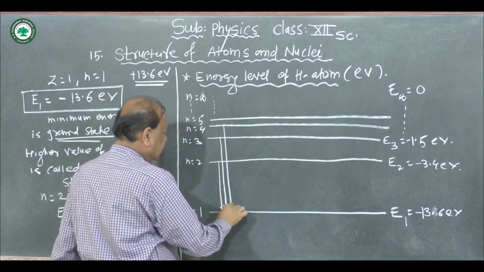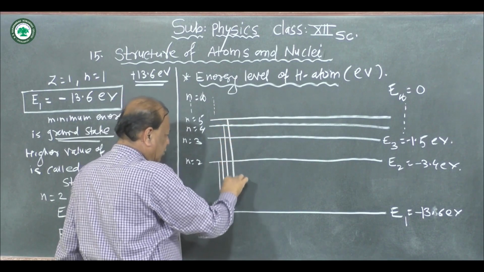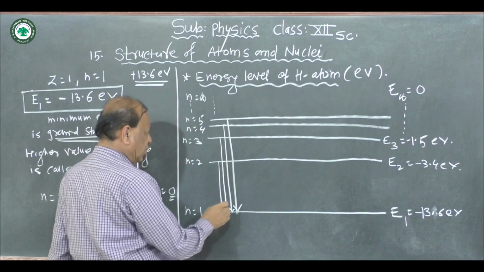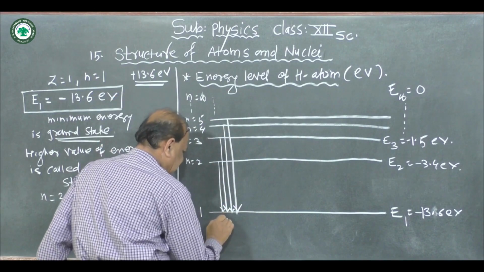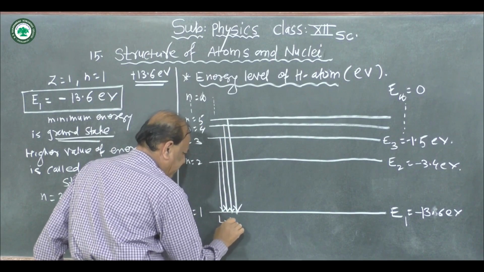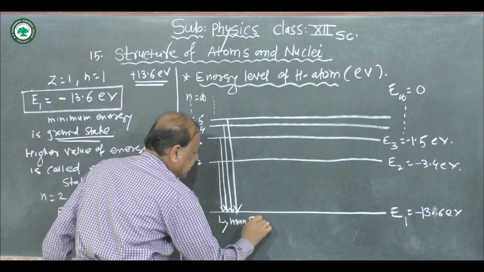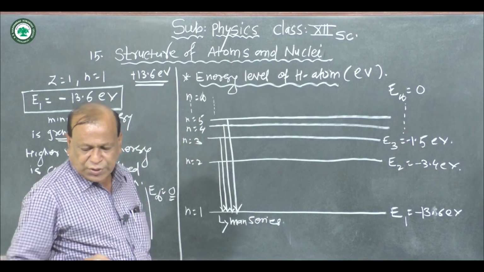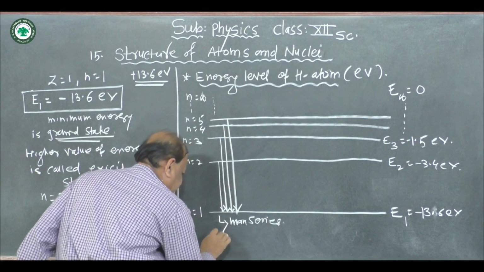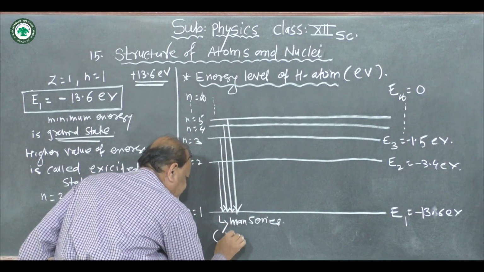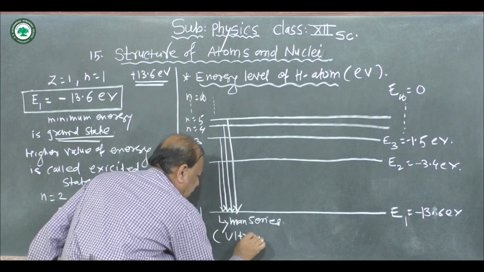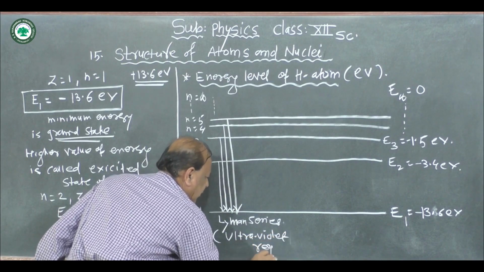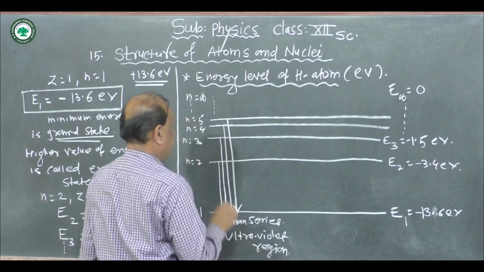Electrons jump from the outer orbit to the inner orbit, and this series is known as the Lyman series, which is observed in the ultraviolet region.